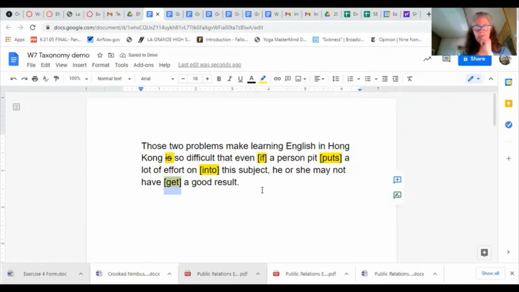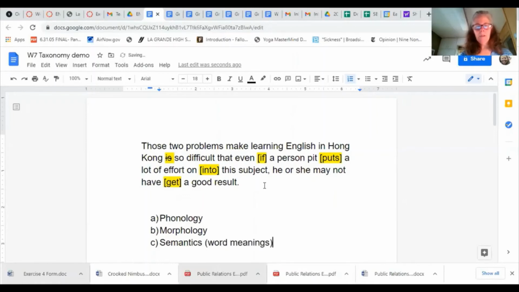Okay, so the second thing I might do is to identify what kind of error it is. And you might remember that we've been working with, from Freeman and Freeman a long time ago, phonology, morphology, let's see, semantics. I don't think they talked about semantics, but word meanings, right?